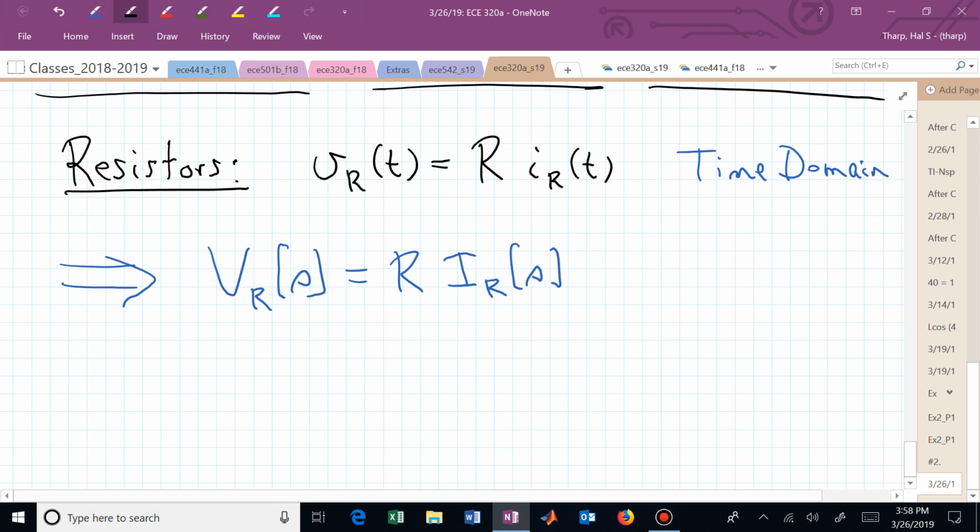And in this case, if you have a resistor or resistors in a time domain circuit, you can put those right in the S domain equivalent circuit in the same way that they were inserted in the time domain circuit.